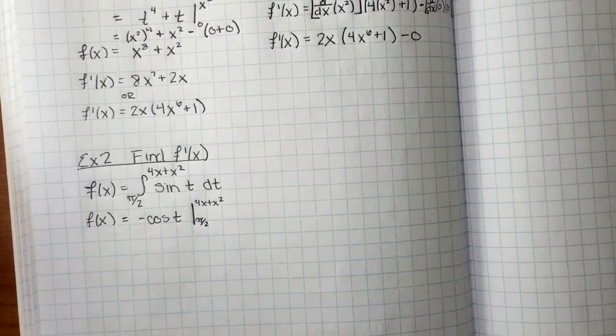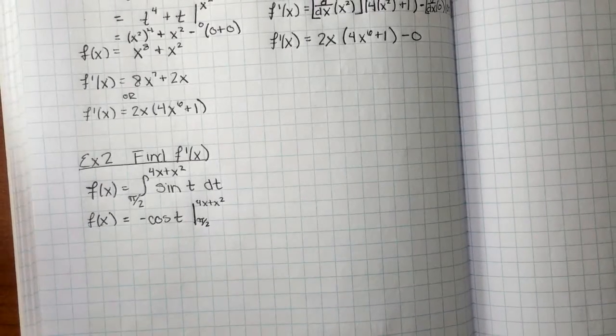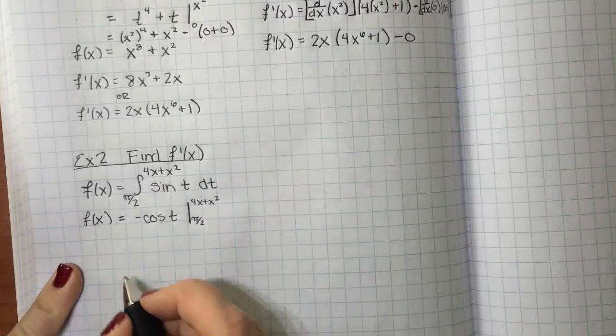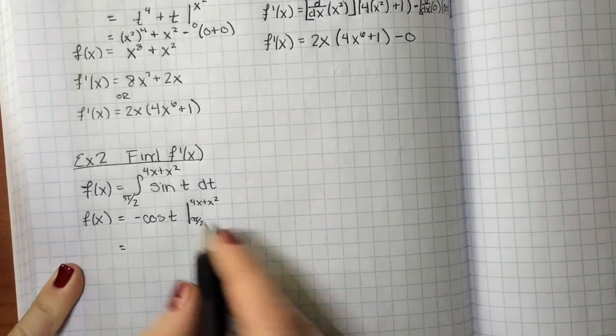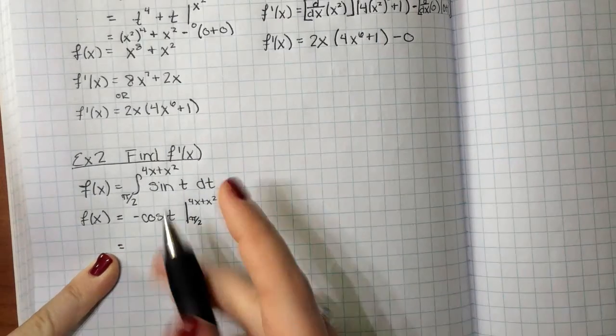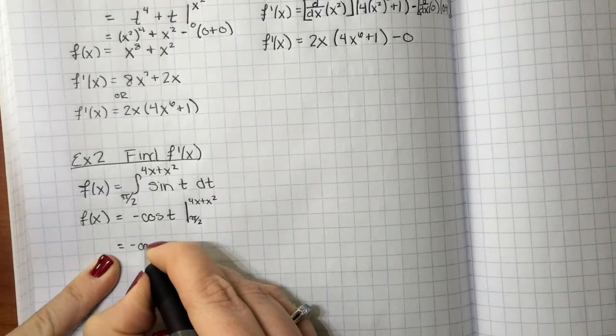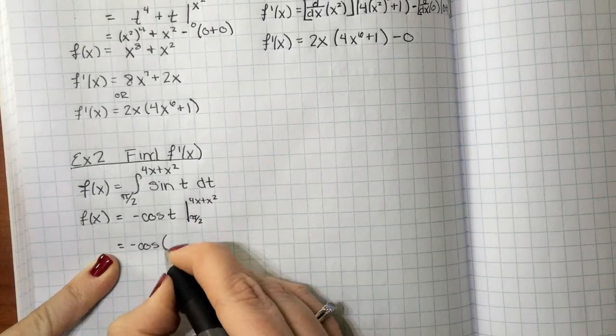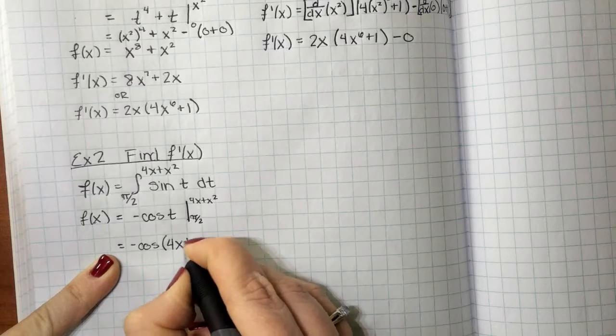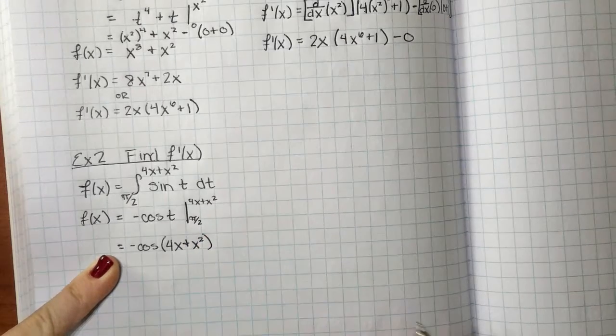Now what do I have to do to actually find the function? We have to plug in. Well, we have to plug in for t. So negative cosine, now guys, make sure you're using parentheses, 4x plus x squared, okay?